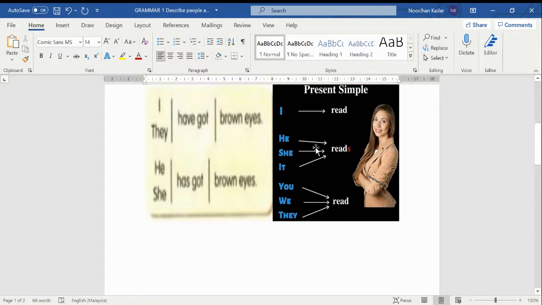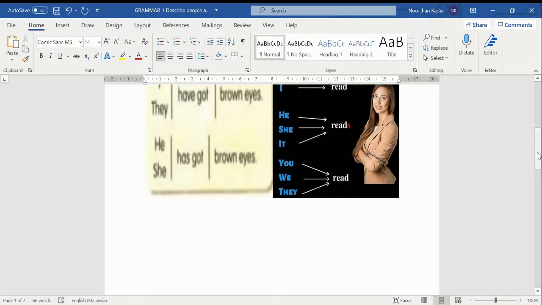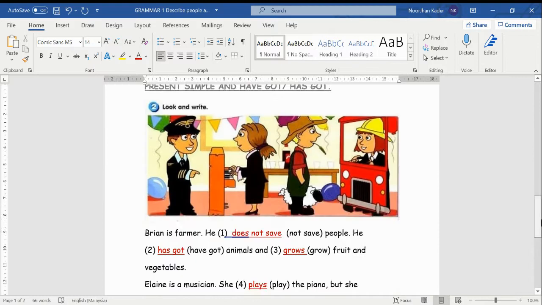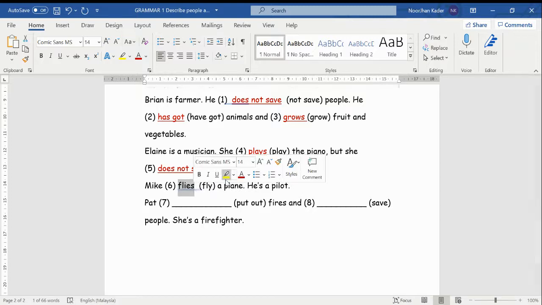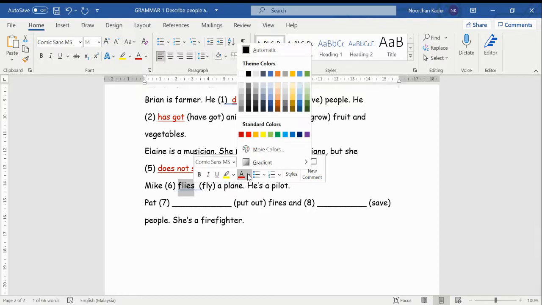I read, he reads, she reads, it reads. So it must be a positive verb form with an added s because of he. So in this case, it will be Mike flies. Mike flies a plane.